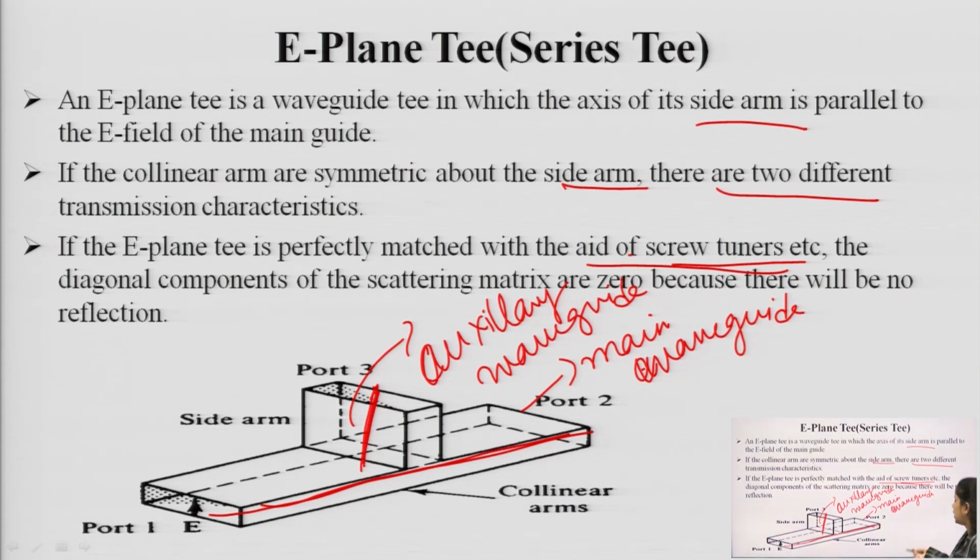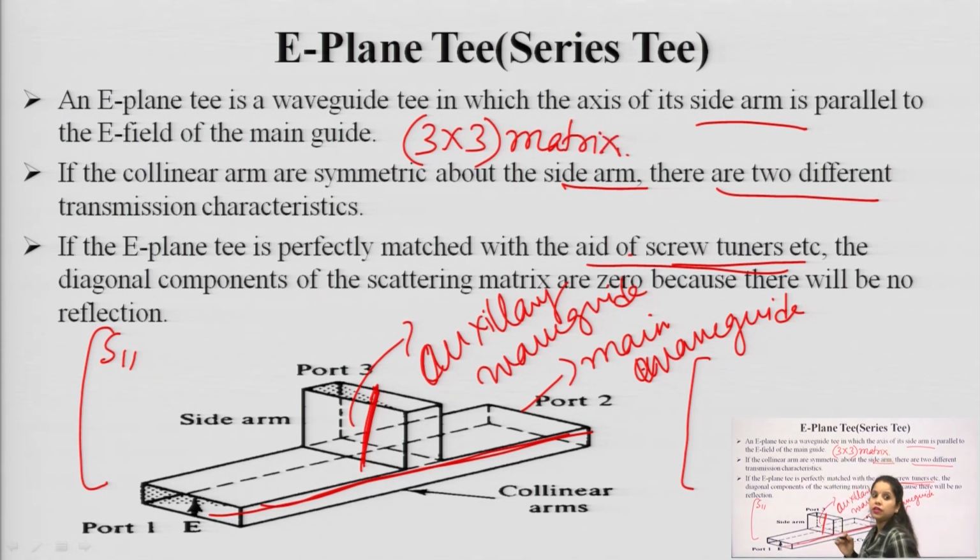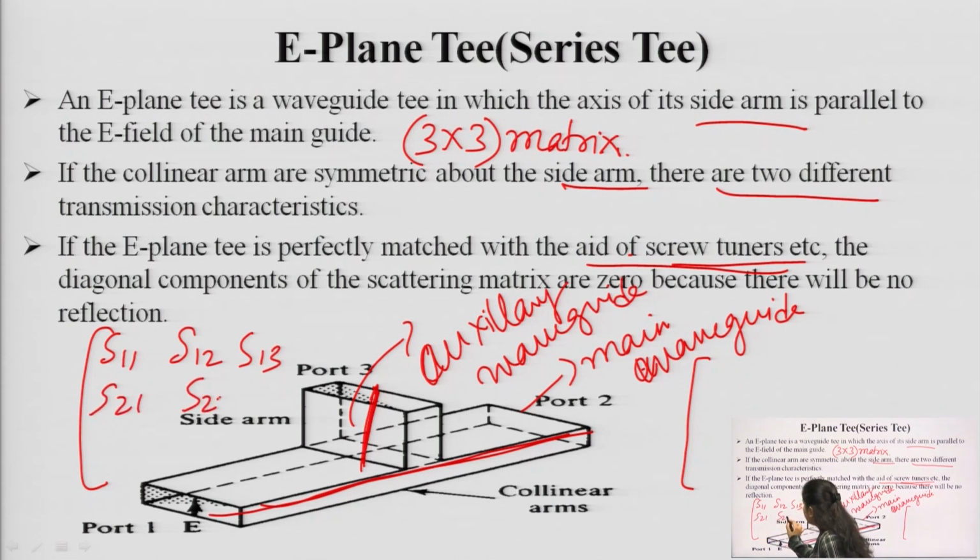What is being said here is that when we have any 3-port structure, we have a 3 cross 3 matrix: S11, S12, S13, S21, S22, S23, S31, S32, S33.